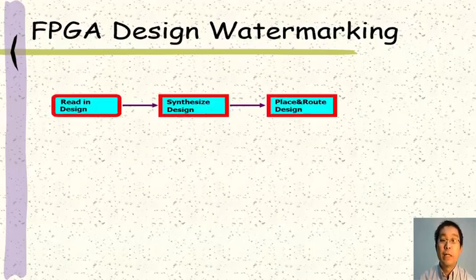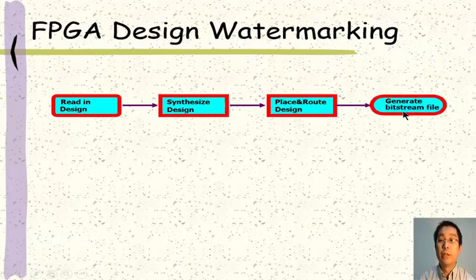In FPGA design, we start by reading the design constraint files and then do a synthesis, and then do the place and route. And the last step is to generate the configuration bitstream file. If we try to embed a zero overhead watermark, what we do is we follow the first three steps, however, we're not going to generate the configuration bitstream file right away.